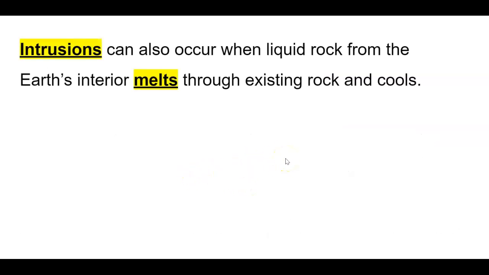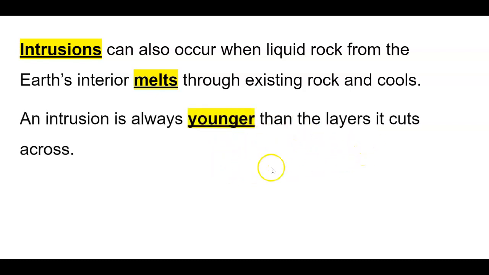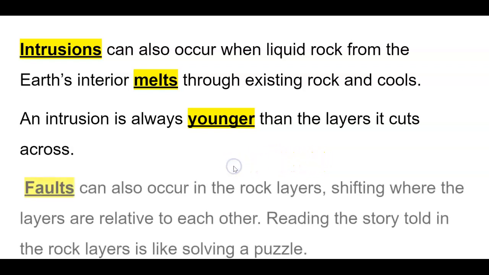Intrusions can also occur when liquid rock from the Earth's interior melts through existing rock and cools. That would be magma, igneous rock that's melting its way through. An intrusion is always younger than the layers it cuts across. Faults can also occur in rock layers, shifting where the layers are relative to each other.